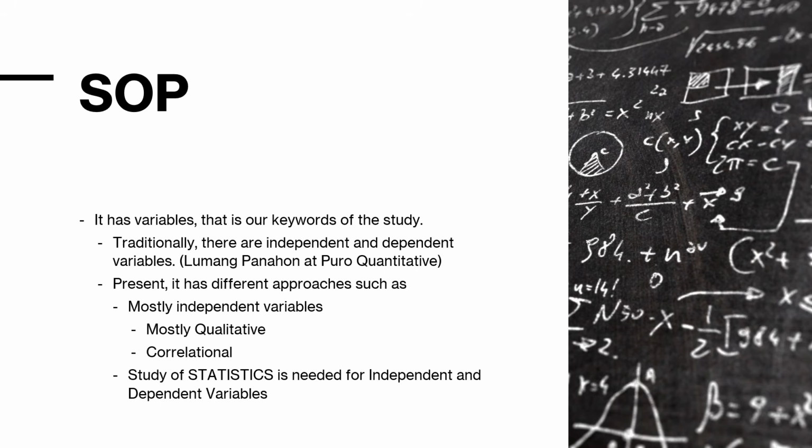However, in the present time, there are different approaches. In a qualitative study, those are things where they want to get ideas or understanding. Remember in the previous videos, a quantitative research would like to generalize the data: you have a lot of data, and you want to generalize it at a certain sample size that would represent the population.